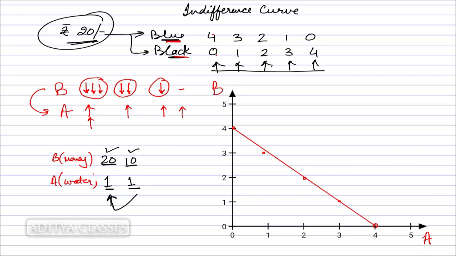What is happening? The quantity of A is going up, but the amount you are ready to part with of B is going down. For the next glass of water, maybe you will part with only 5 rupees. And for the next glass of water, maybe you are not ready to part with any money, because now you have sufficiently had some water for another hour or so.